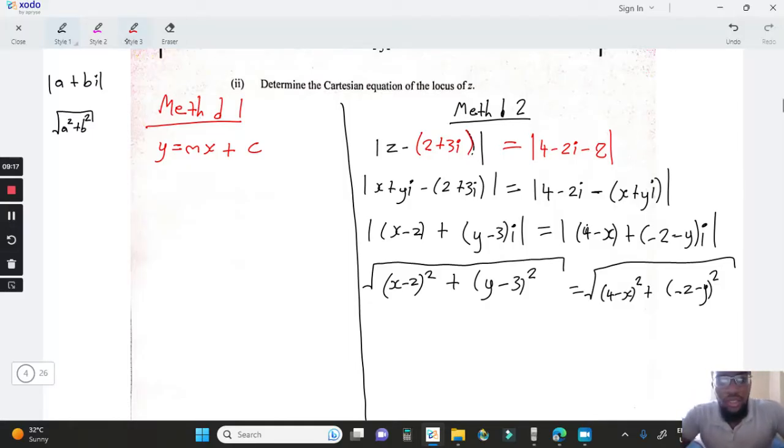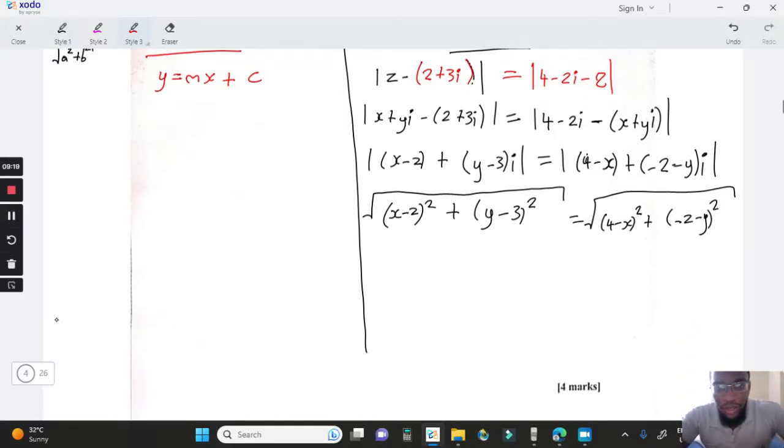Because it's square roots on both sides, we square both sides to cancel the square roots, and then we expand the brackets.